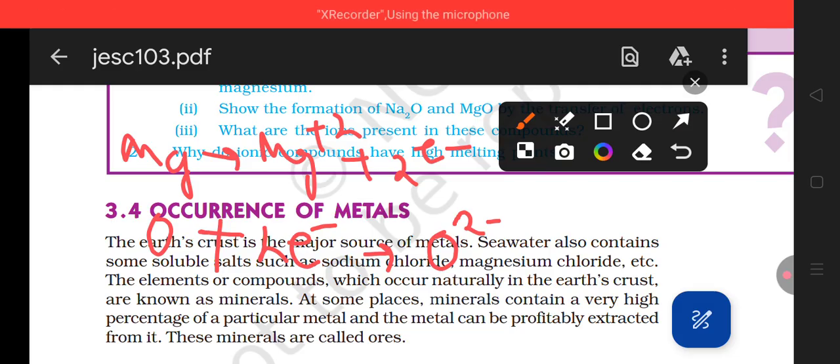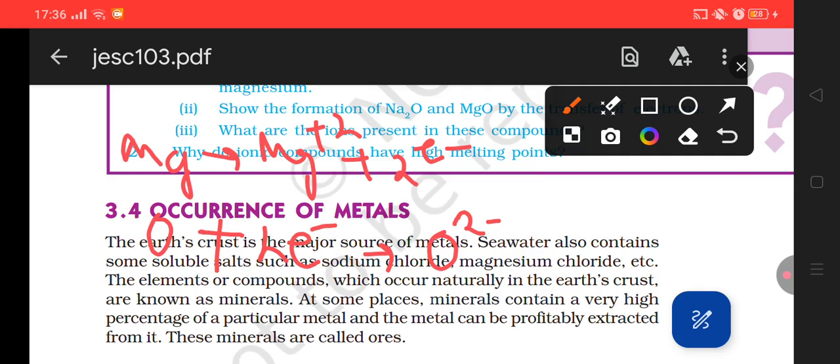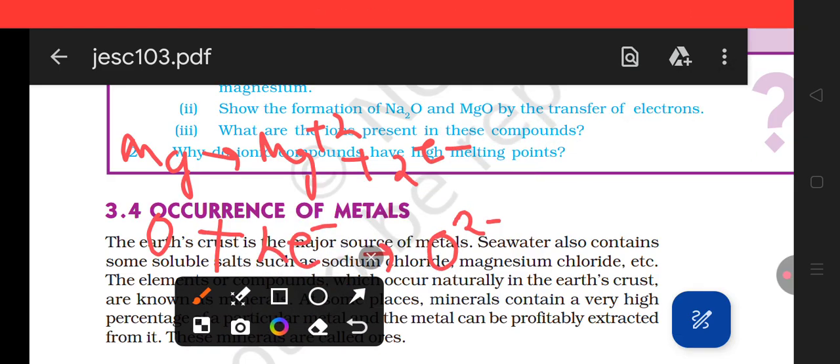Now next is this. We have magnesium here, I'm showing you the dot structures. Sorry, we don't need 2, 1 is enough, like this. And we have oxygen here.